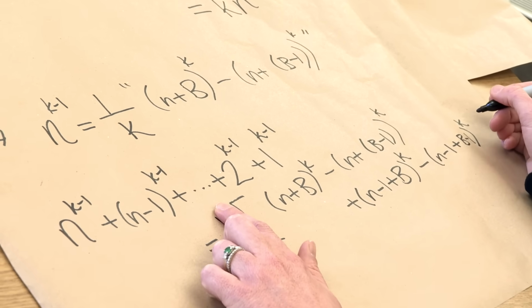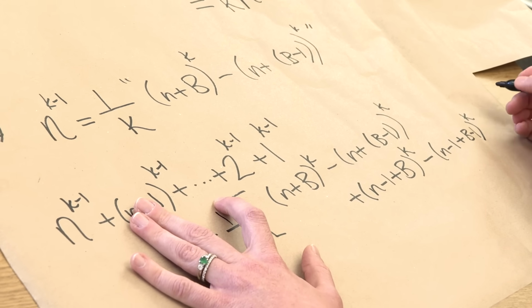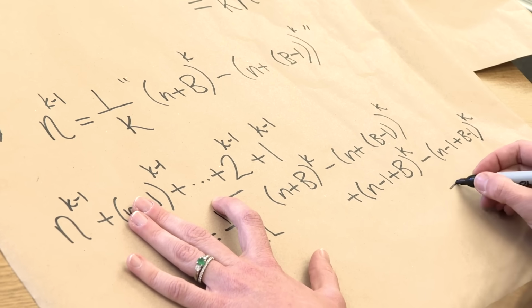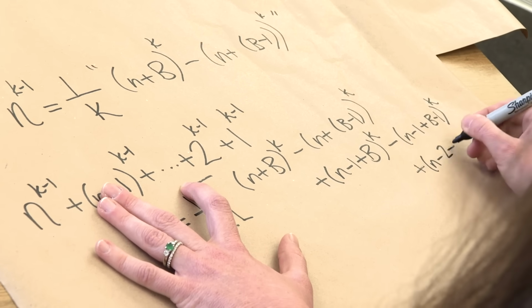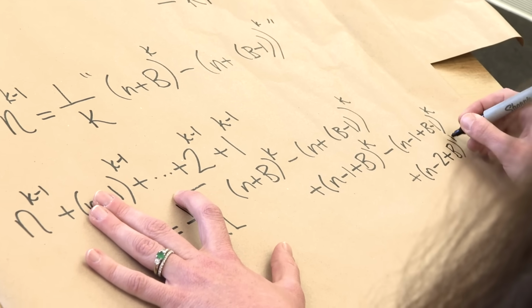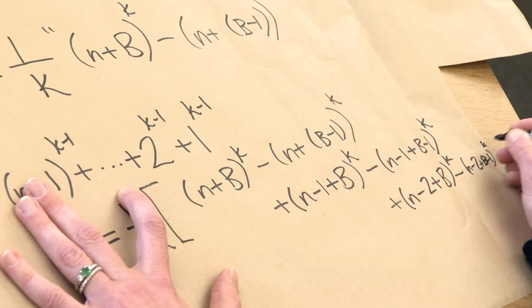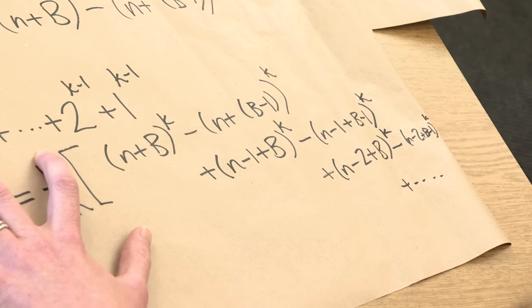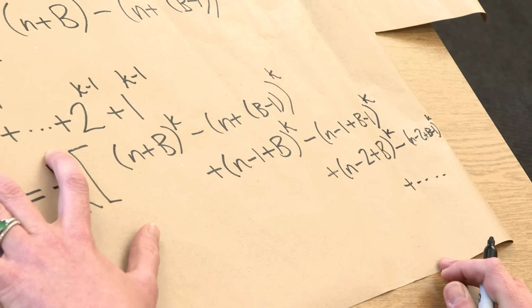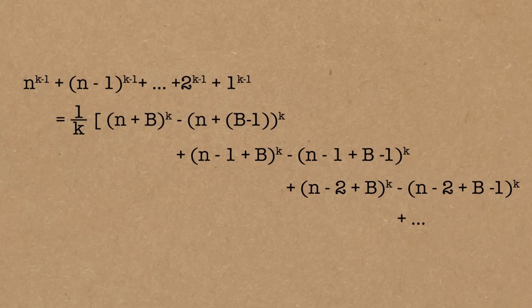And then I get to the next term, which is the n minus 2 term, which is going to go here, n minus 2 plus b to the k minus n minus 2 plus b minus 1 to the k, plus dot, dot, dot, until I get to the end where I look at the one piece, and that's going to give me a 1 plus b to the k minus 1 plus b minus 1 to the k.